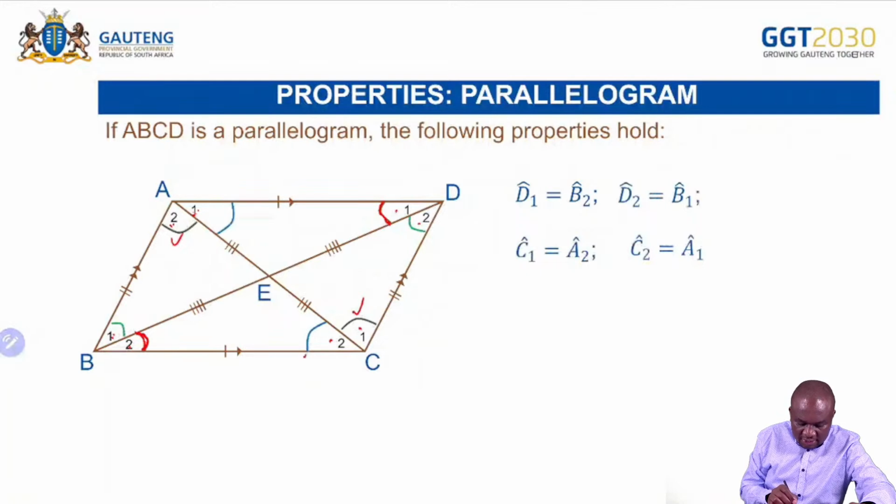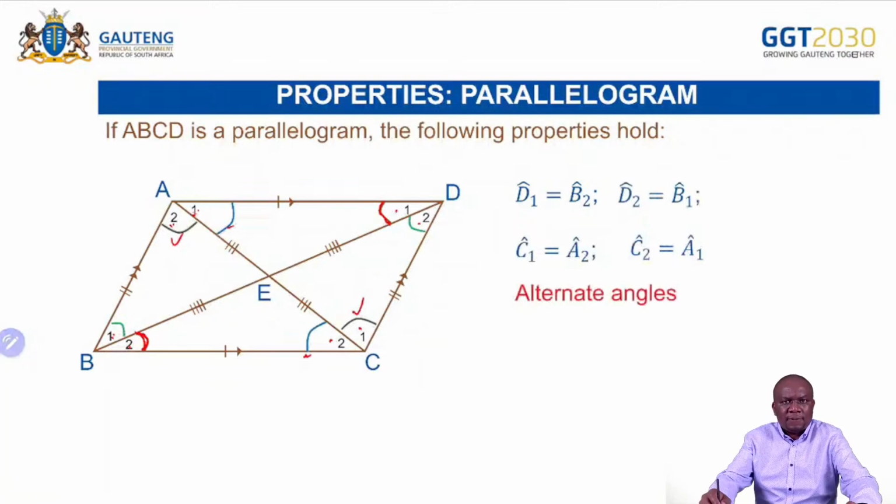The blue ones, these ones, okay? So you see that they are alternate angles, right? So we can talk of alternate angles in a parallelogram because we have parallel lines. Okay? Right, I said you must write as I explained. So let's move on.